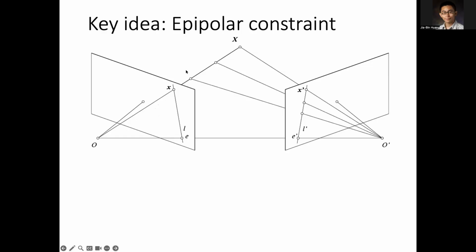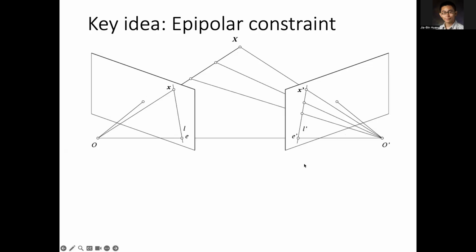It must lie on this line, and no matter where the object is on this line, each point will project onto the second camera along a line, okay? Which means that if I want to find a correspondence between X and X prime, I know the corresponding point X prime must lie on a line. Does it make sense?